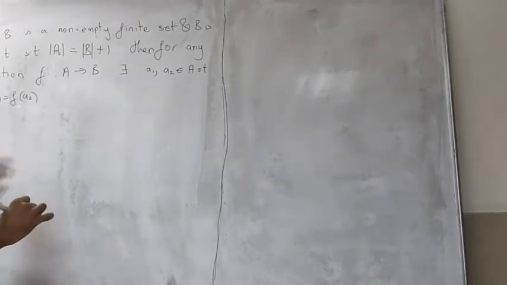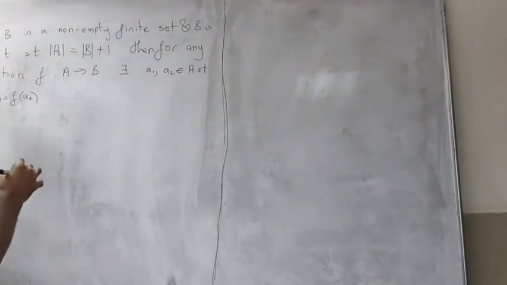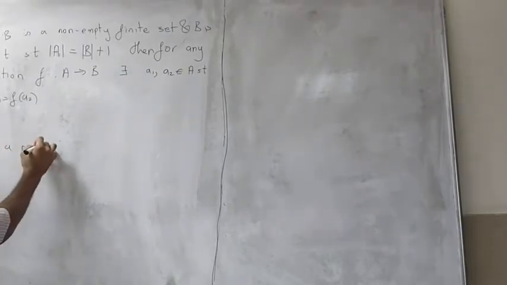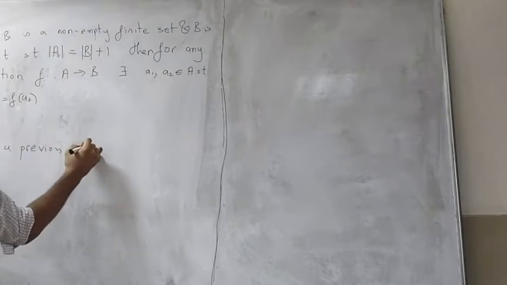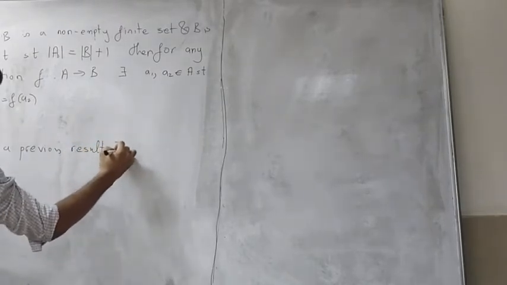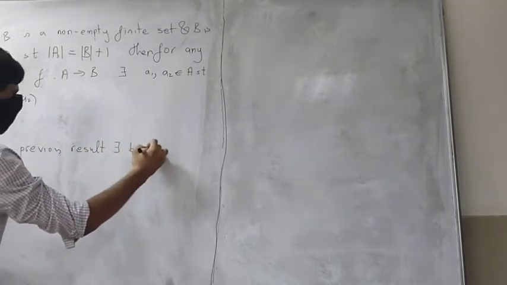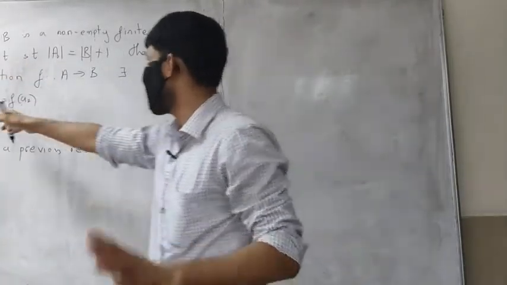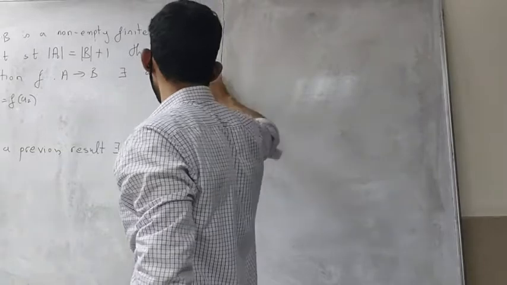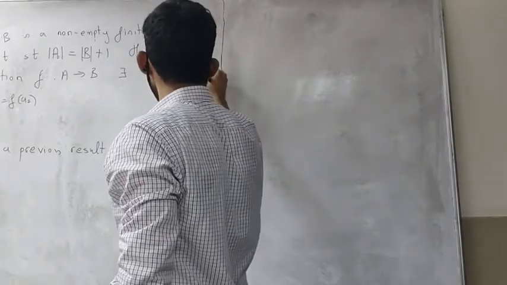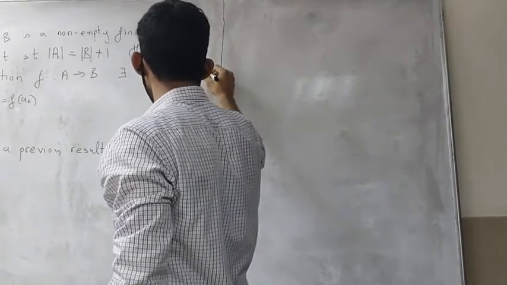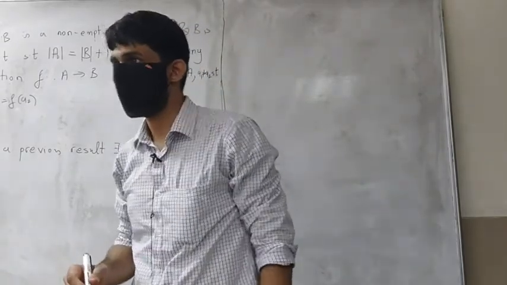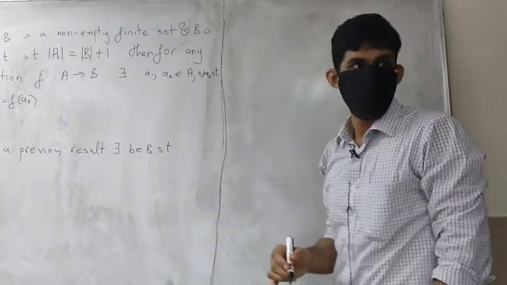We know that there will be some element b in B, by a previous result. Essentially, what am I attempting at doing here? You have A and B. I should make a mention that A1 is not equal to A2: distinct points in the domain which map to the same element in the codomain.